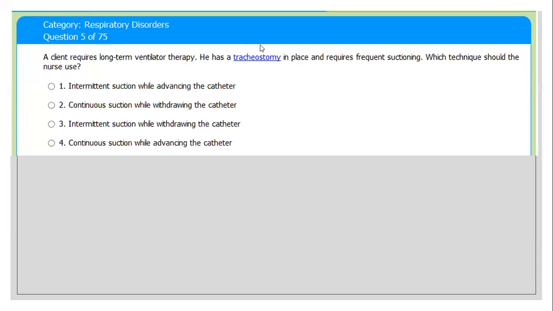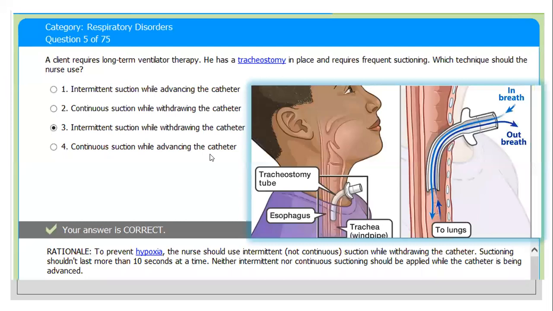So a tracheostomy is an incision in the trachea made to relieve an obstruction to breathing. Number one, intermittent suction with advanced catheter. Number two, continuous suction with withdrawn catheter. Number three, intermittent suction with withdrawn catheter. And number four, continuous suction with advanced catheter.